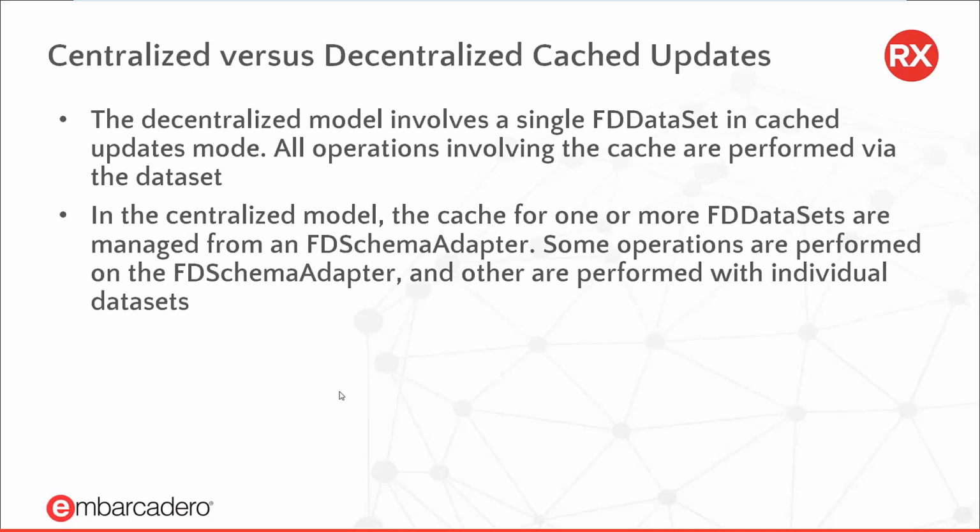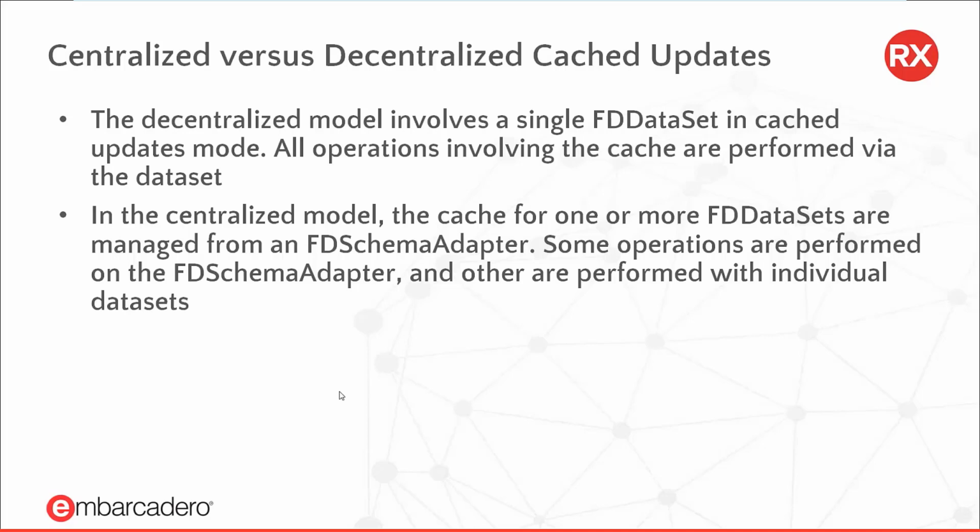FireDAC supports two models of cached updates. There's the centralized and the decentralized cached updates. Decentralized is kind of traditional, the way we would think of cached updates with a client data set. You have one data set and you put it into cached updates, and when you're done, you use that data set to apply updates and apply the changes, and then handle any errors that might rise out of a failure.